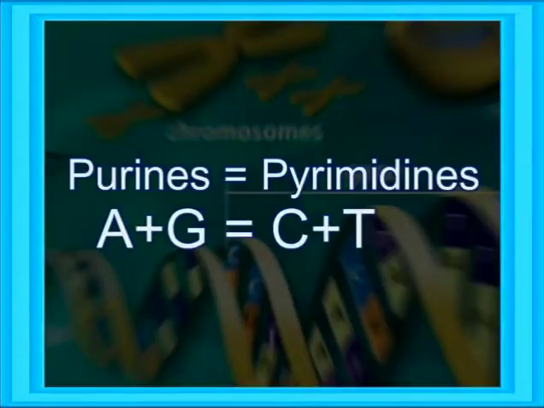That is, the sum of adenine and guanine equals the sum of thymine and cytosine. Therefore, in no case were the quantities of all the 4 bases equal, which would be expected on the basis of Levene's assumption.